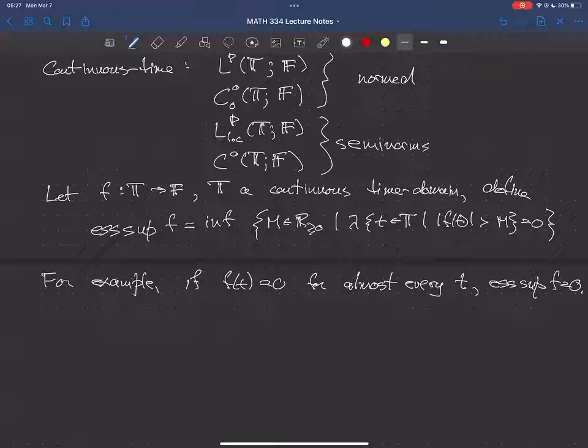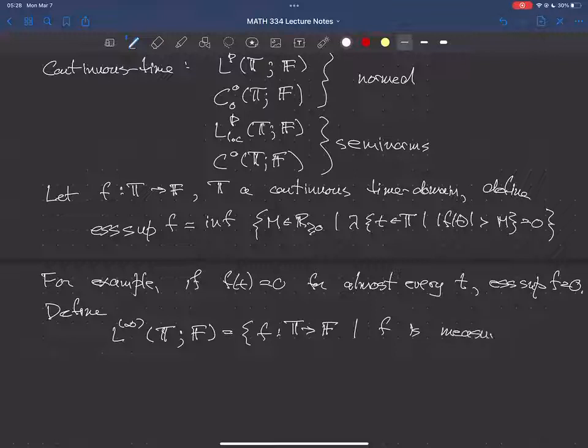Okay, so then we would define L infinity of t to be f from t to the reals, where first I'm going to ask that f be measurable, and then I'm going to ask that the essential supremum of f be finite.